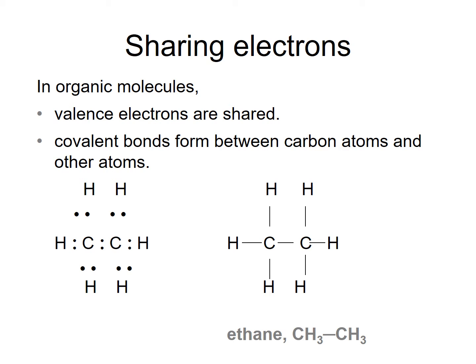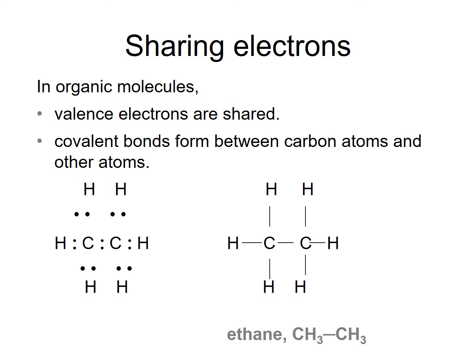The bonding in organic molecules is based on sharing electrons. You share the valence electrons. Carbon has 4 valence electrons. Hydrogen has 1. So if you were to put carbon and hydrogen together in this ratio of 2 to 6, C2H6, the carbon would share one of its electrons with one hydrogen and end up sharing a pair that way.